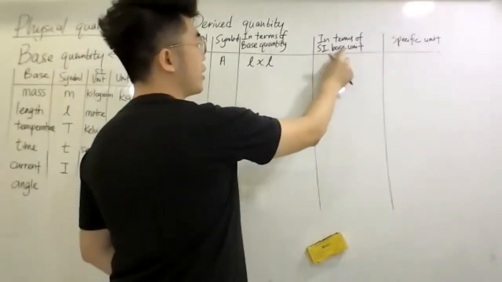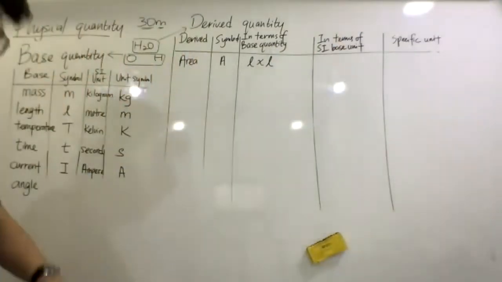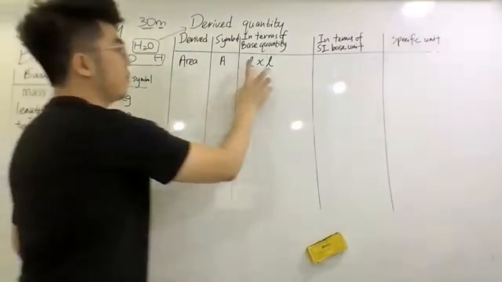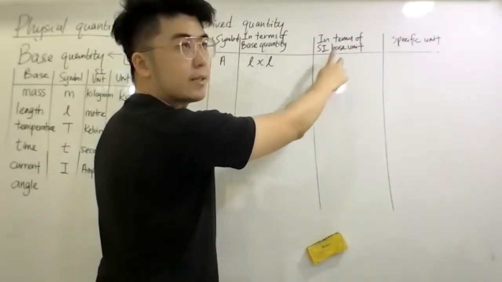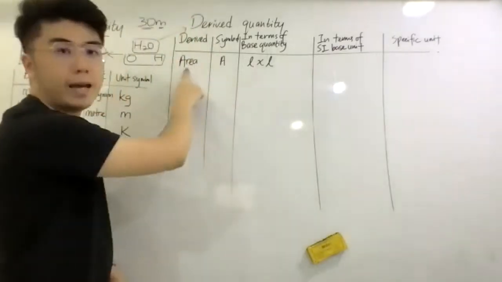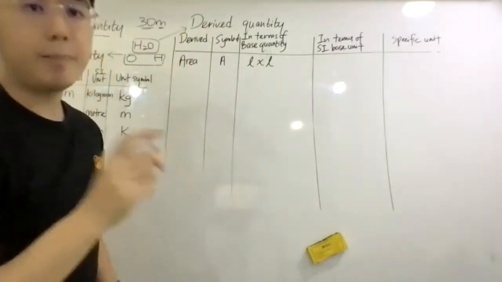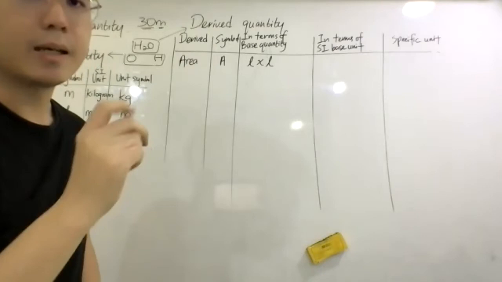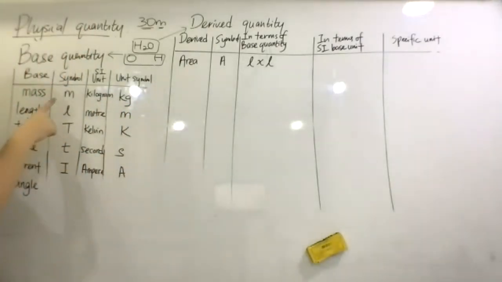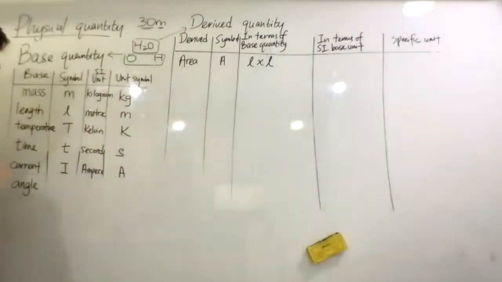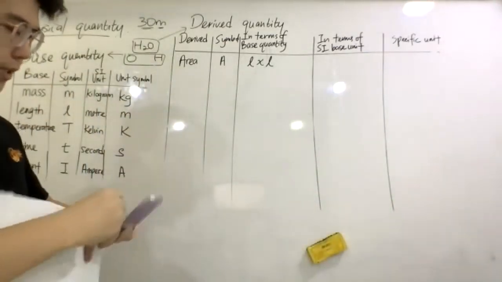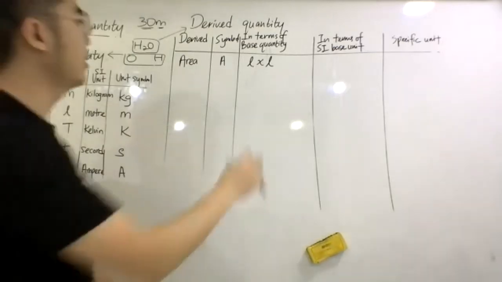Then in terms of SI base unit, that means we are going to convert this one, we want to get the unit. Whose unit is this? This unit is the unit of area, but in terms of base unit. So how do we do this? We just change this one.